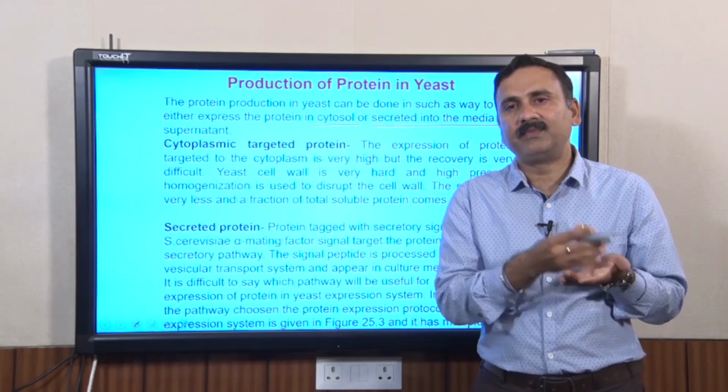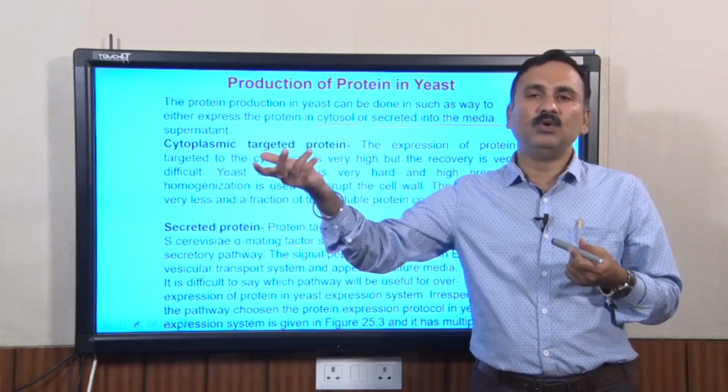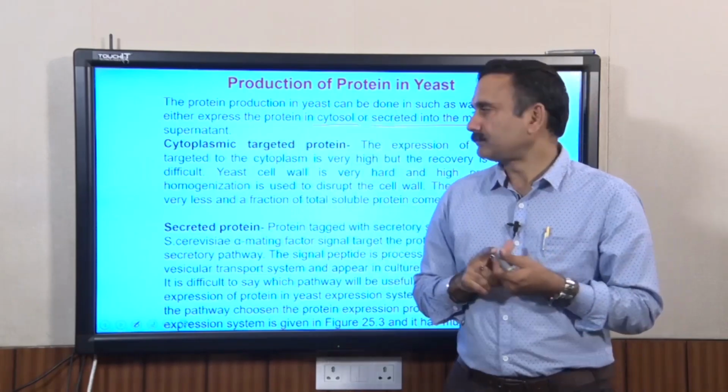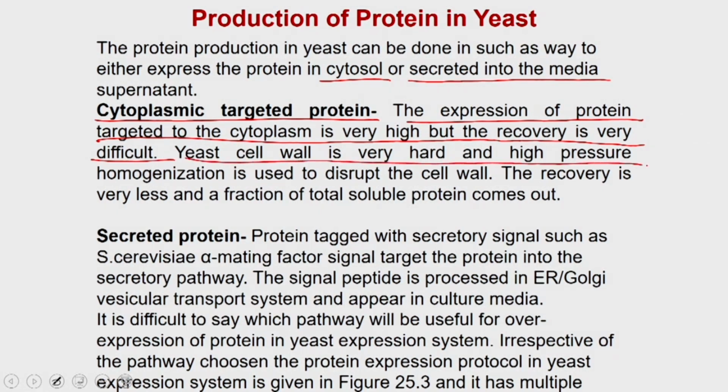If you have a secretion tag on the protein, that protein is going to be secreted out. For cytoplasmic targeted proteins, the expression is very high, but the recovery is very difficult. The yeast cell is very hard, and a high pressure homogenizer is required to disrupt the cell wall. The recovery is very low, and only a fraction of the total soluble protein comes out.